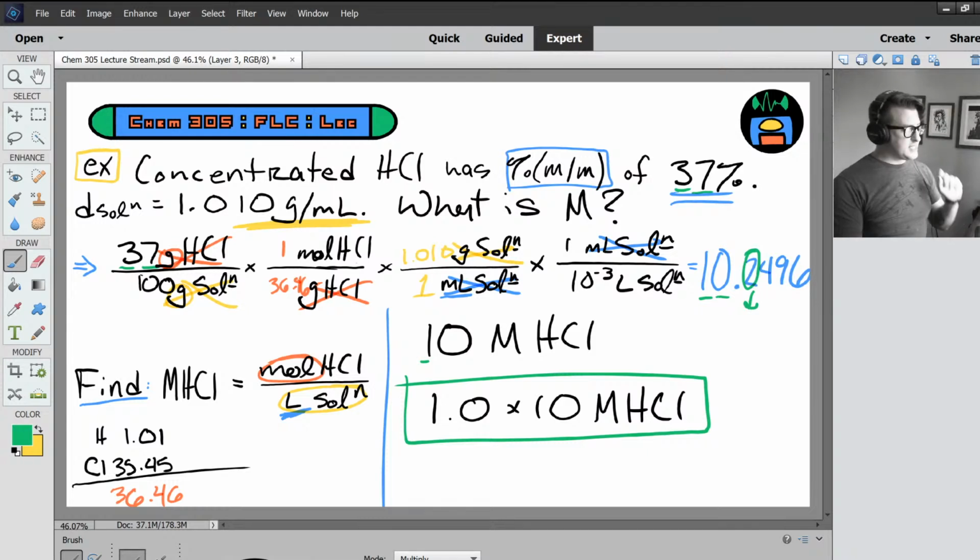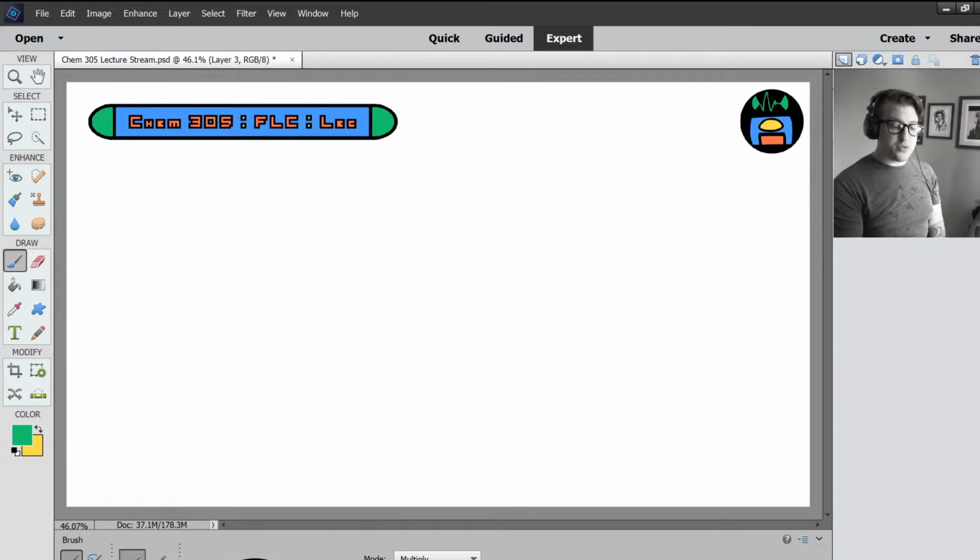Another type is an example that I'm going to write out, but I'm not going to do this one. I'm going to leave this one with you to see if you can solve it. All right. So consider the following reaction.